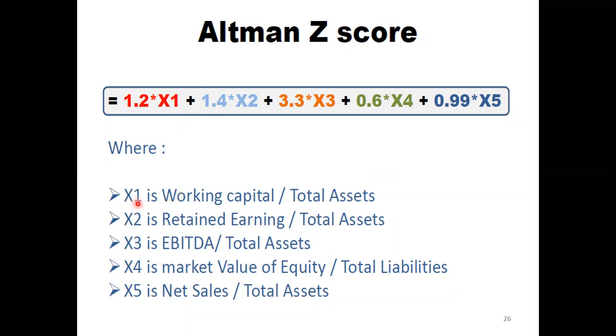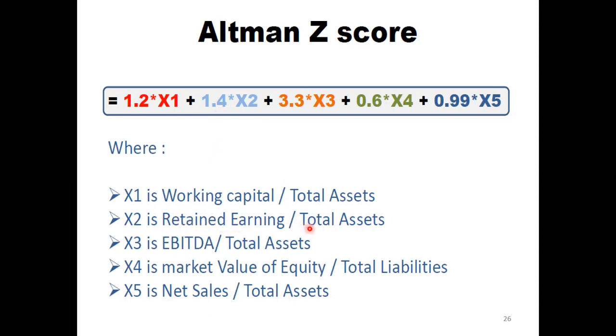Here X1 is working capital over total assets. You have to pick the balance sheet, find the working capital, and divide it by total assets, plus 1.4 times X2. What's X2 here? Retained earnings over total assets.